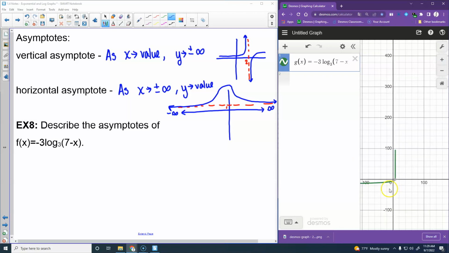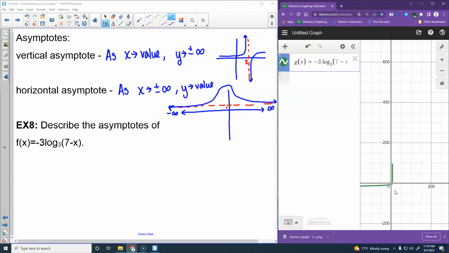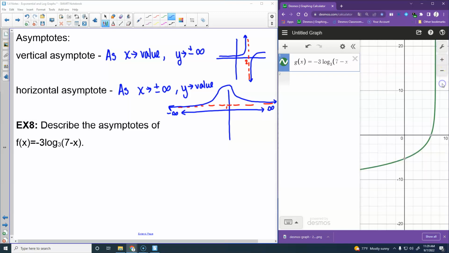Be careful, because if you zoom out enough, it's going to look like you do. But horizontal asymptote is none, because you're going to see that this does continue to decrease forever. It's not going to get closer and closer to a value.